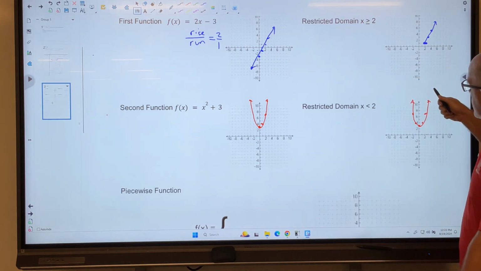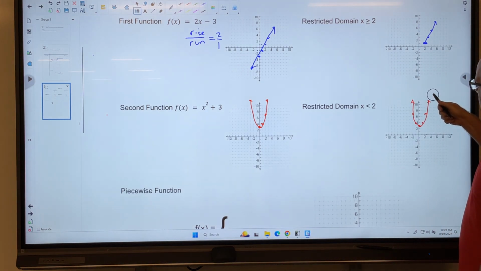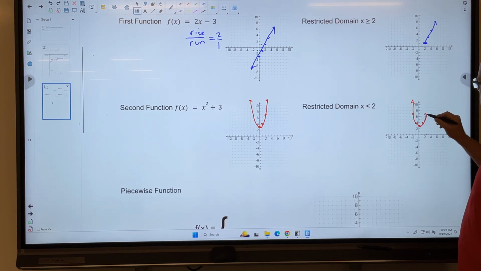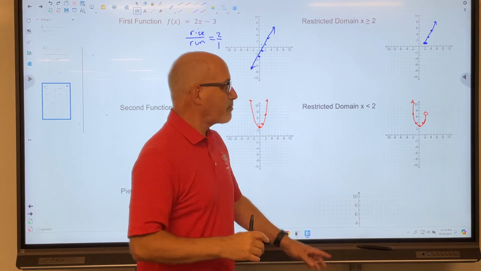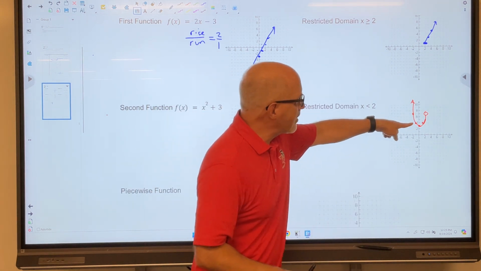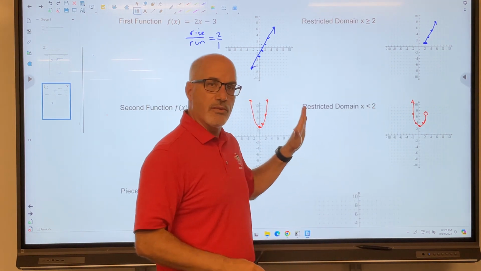So I'm going to erase everything on this graph that's greater than 2. Okay, and I'm going to get rid of this one here and just make it an open dot there because it's going to be less than it. So these are all the x values that are less than 2.